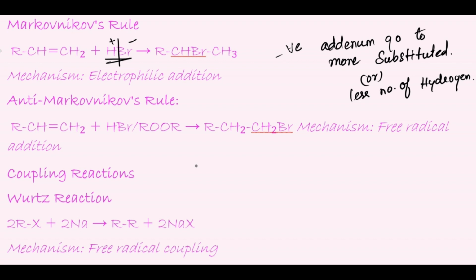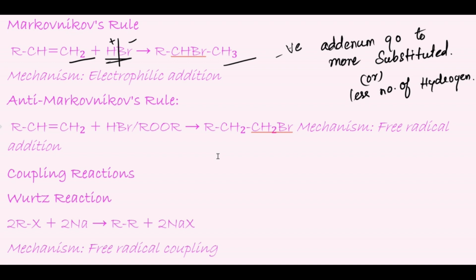So H plus will go where the hydrogens are more. Here you can see H plus just went to the CH2 part, so it became CH3. So rich getting richer, just remember that in case of Markovnikov. And anti-Markovnikov is just the opposite.